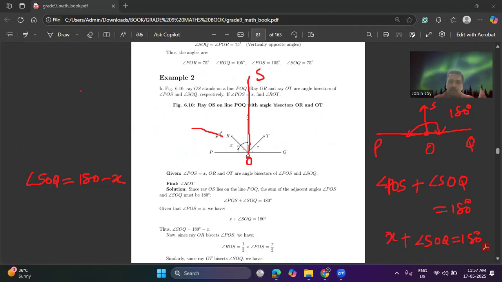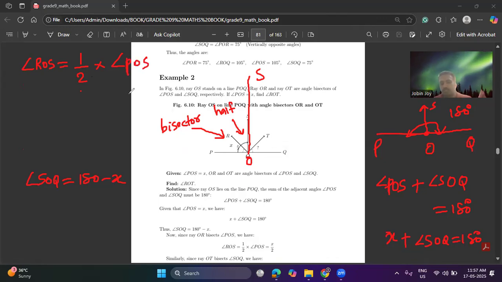This OR is the bisector, so this is the half of the full angle. Angle ROS equals half of the full angle, which is angle POS. The full angle is given as X, so half of it is X by 2. So angle ROS is equal to X by 2.